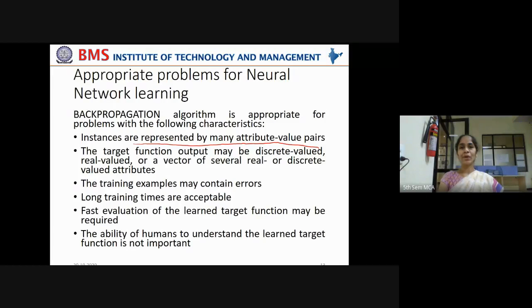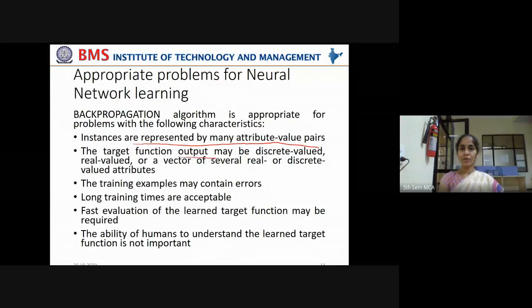Like that, attribute-value pairs. If training examples are in the form of attribute-value pairs, like in this ALVINN system example, all the input is given in the form of pixels. For this pixel, this is the intensity. For this pixel, this is the intensity. It is in the form of attribute-value pairs, right? For such cases, artificial neural networks are quite suitable.